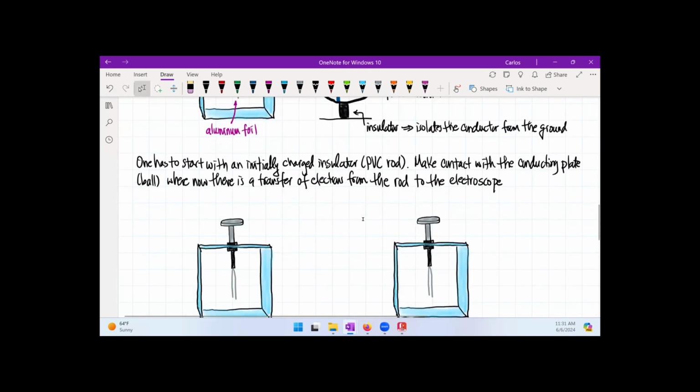So here's what I'm thinking here. I imagine that I have a rod. Let's bring this here. I already have a charged rod, and all I know is that there's a lot of charges here. So if I look at this, I have excess amounts of charge.